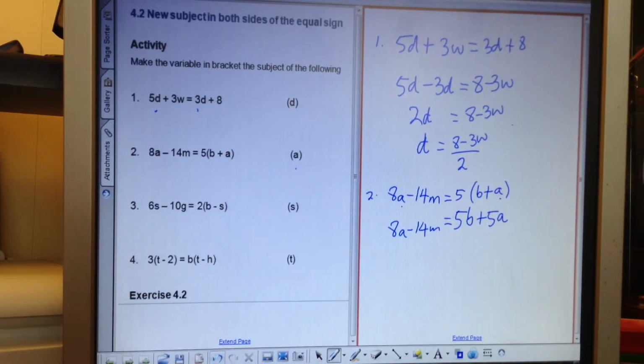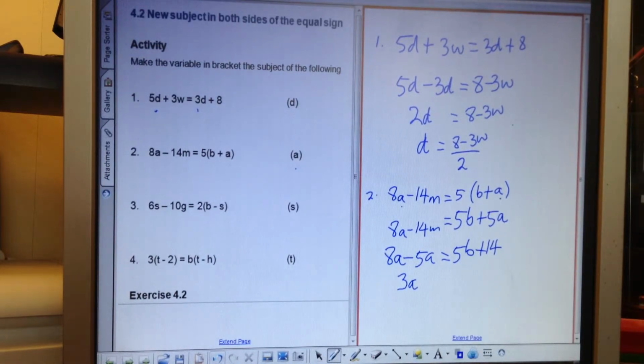We group the terms that have the subject on the left hand side of the equation and group the other terms to the right hand side. So we're going to have 8A, because this is add 5A, we subtract 5A on the left hand side. We're left with our 5B, then we'll add our 14M. This will then give us 3A on the left hand side.